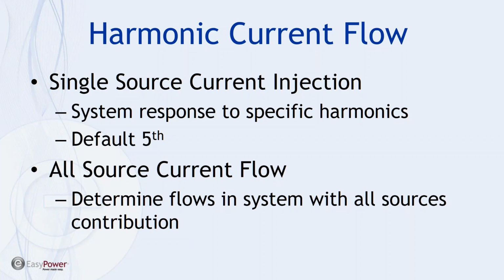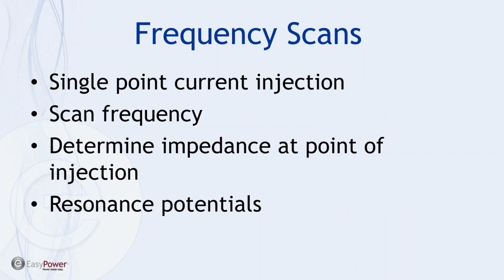And then there's a capability of doing an all source current flow, which determines where all contributions are and which buses are most affected when all the harmonic sources are included in the analysis.